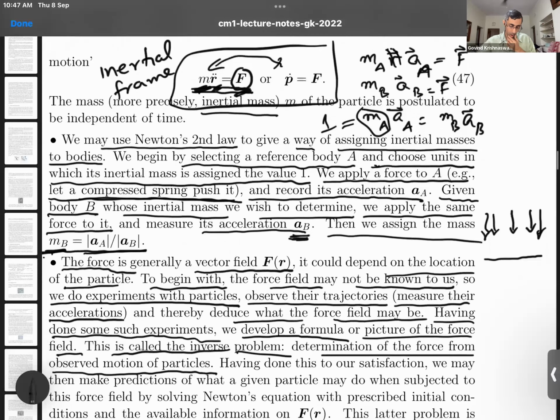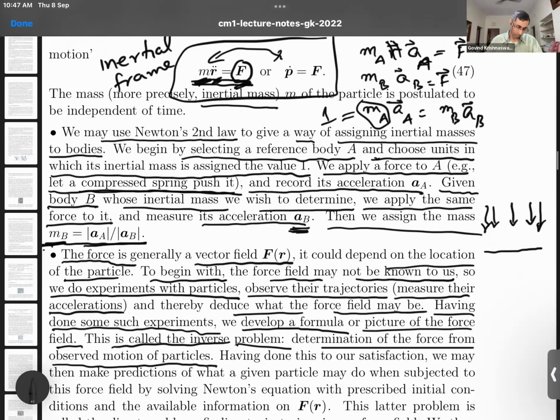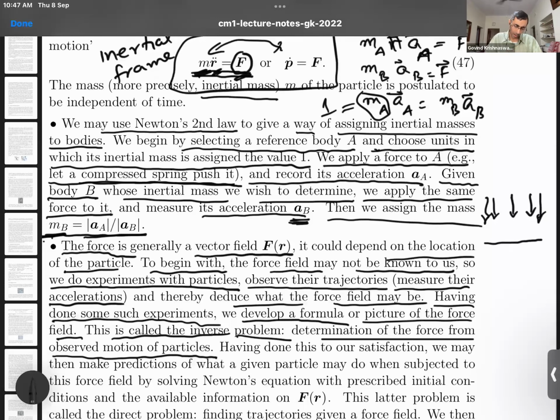So let me go back to where we were. Having done this to our satisfaction, namely, we have mapped out the force field in this room. I don't want to draw too strong an analogy because there are some distinctions, but you can imagine on a sheet of paper, you have a magnet in the middle, some ferromagnet, like one you put on a fridge, and then you have a bunch of iron filings, which you sprinkle around this magnet.